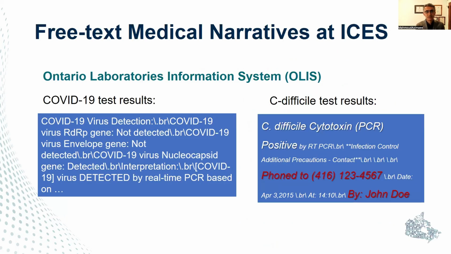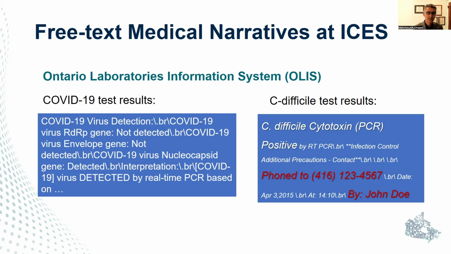So free text medical narratives, as we all heard from Lisa, are very important information, but always very tricky to deal with. And I'm showing you some real examples, redacted of course, from some of ICS data. For example, on the left, you see a COVID-19 test result, which in Ontario is fully text-based.